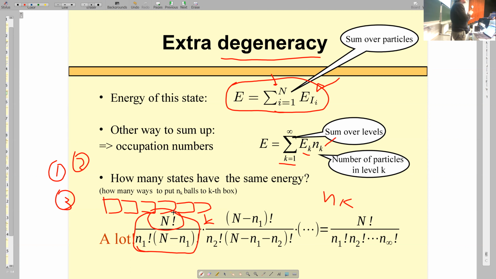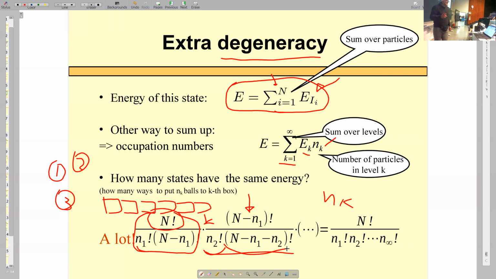Okay, I'm done with the first box. I go to the second box. I have fewer balls to start with because I have already used N_1 balls, and I have to put N_2 particles into the second box. That is the corresponding factorial. Then the third box, fourth box, fifth box, and so on.